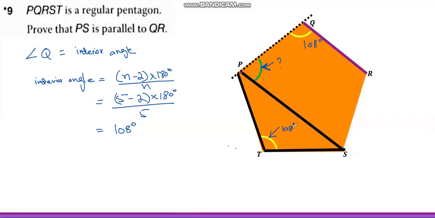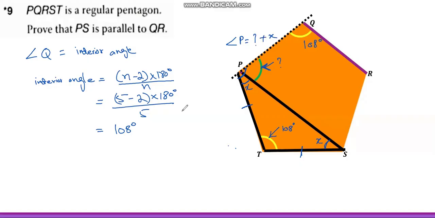This triangle has two equal sides, meaning this is an isosceles triangle where the base angles, let's call these base angles x, should be equal in size. And the angle at P will again be the interior angle, meaning the angle at P will be the sum of the angle marked by green color and x.